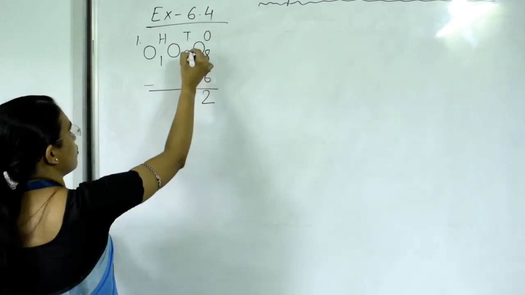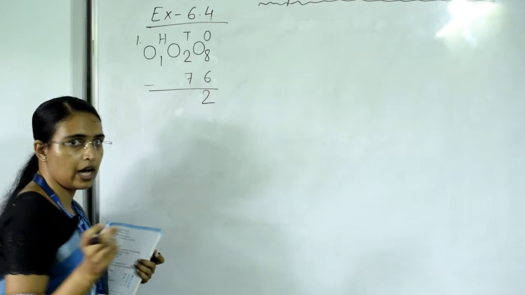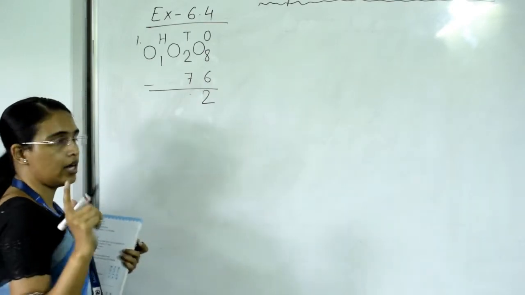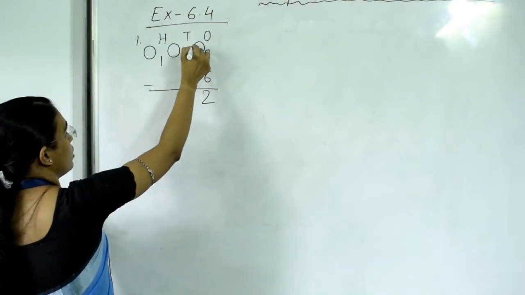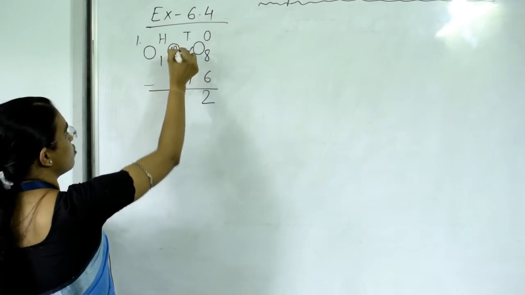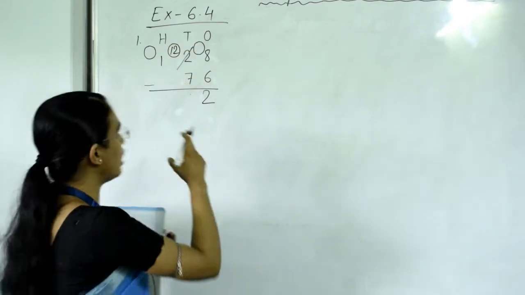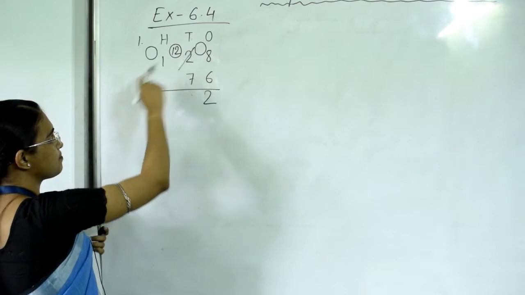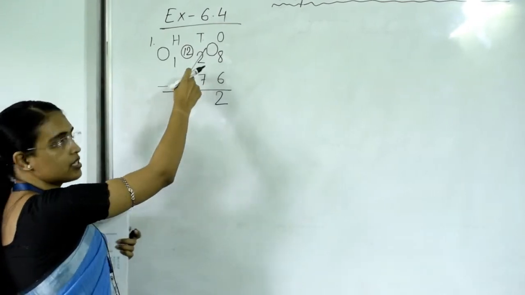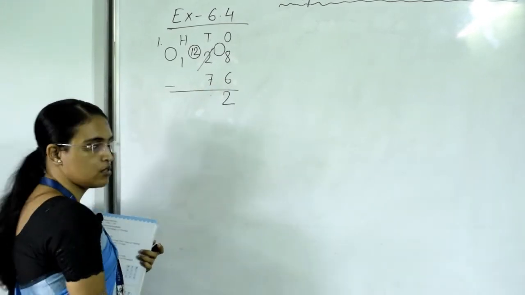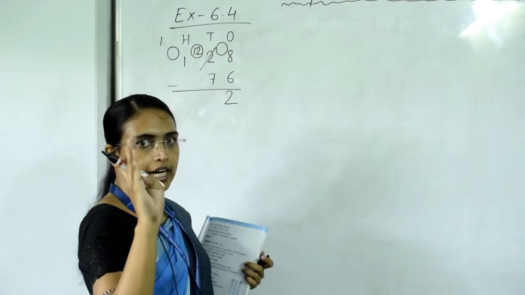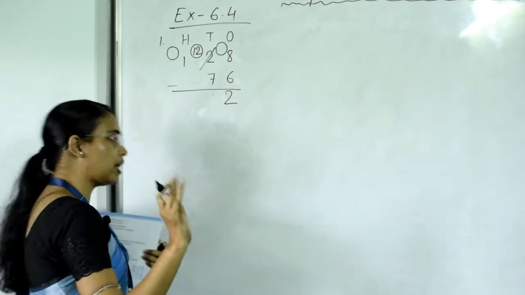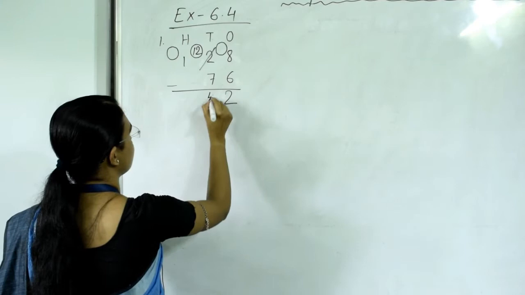So for that we have to carry 1. And when you carry 1, 2 becomes 12. So now you can subtract 7 from 12. So what comes after 7? 8, 9, 10, 11, 12. So the answer is 5.